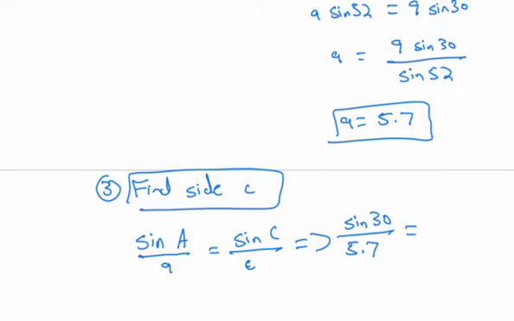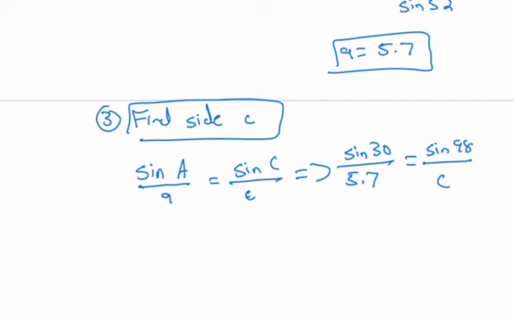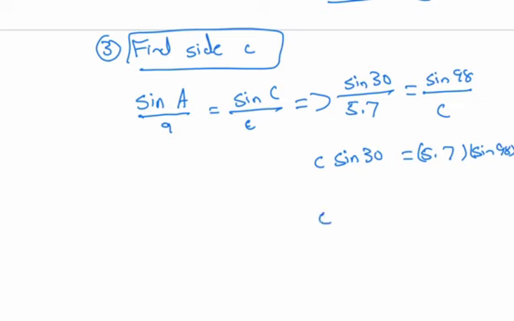And that equals the sine of angle C from the graph, that was 98. And then, of course, we don't know side C. So I'm going to cross multiply. I'm going to start with this, so it's on my left side. C times the sine of 30 is going to equal 5.7 times the sine of 98. And now in my next step, I'll divide by the sine of 30 on both sides.